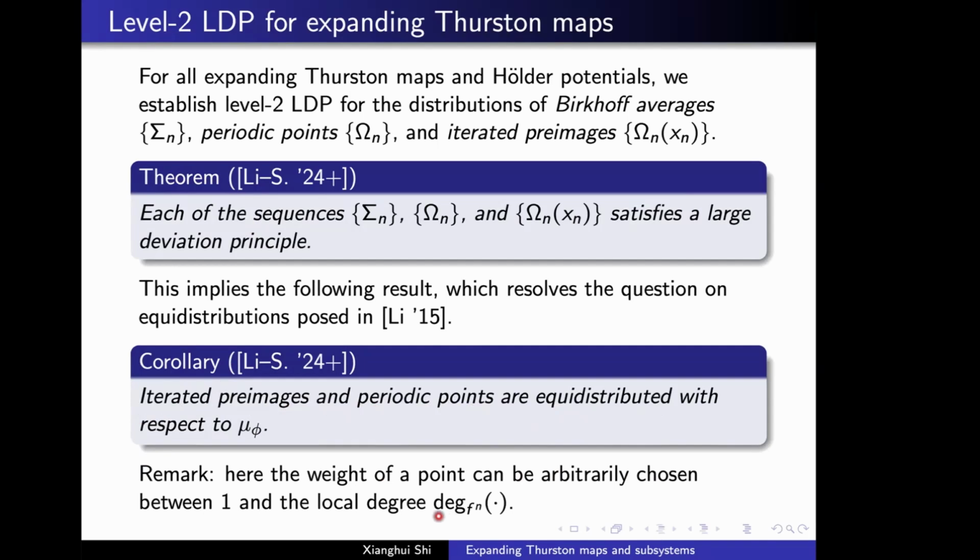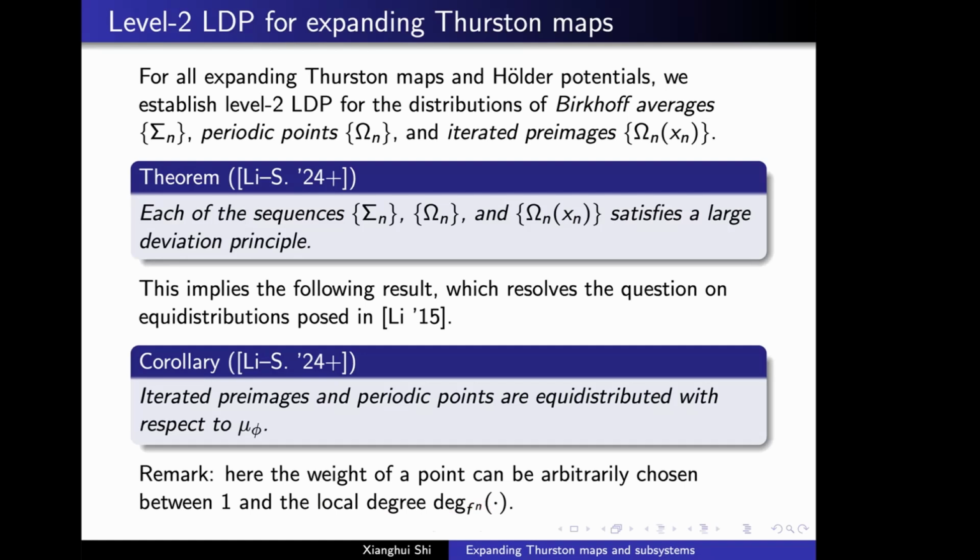This is non-trivial because we are dealing with general expanding Thurston maps, including those that have periodic critical points. For those maps, the local degree can grow exponentially fast, so this weight may not be uniformly bounded. So it is non-trivial.